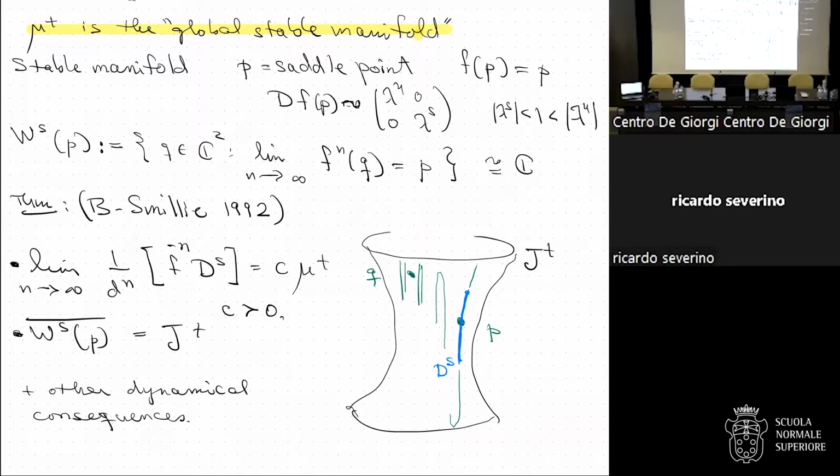And the theorem says that if I take this and start pulling it back, filling out the stable manifold, as a current it is going to converge to mu plus. So this tells me a lot of things.